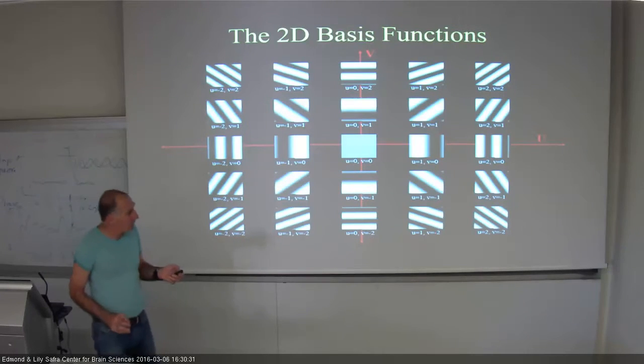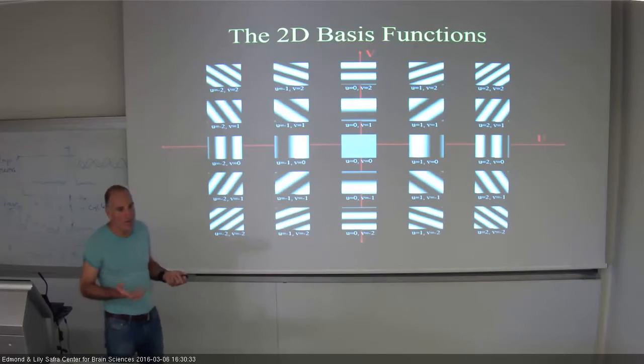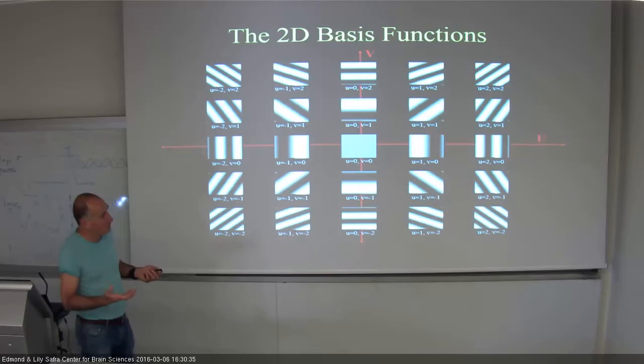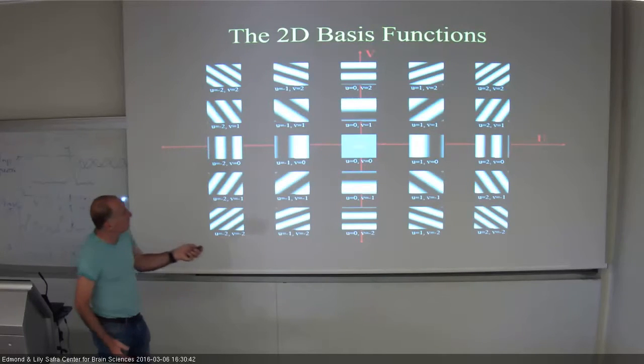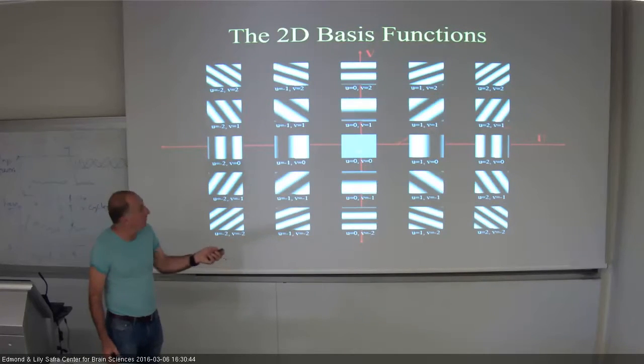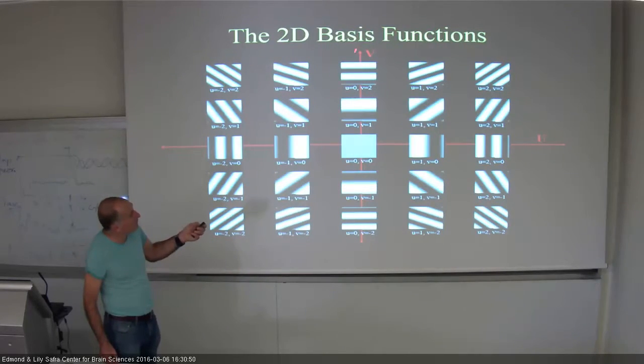Each square here corresponds to a specific spatial frequency and a specific orientation. As you move from the center out, the spatial frequency becomes bigger. Here, again, the spatial frequency becomes bigger, but it's a different orientation.